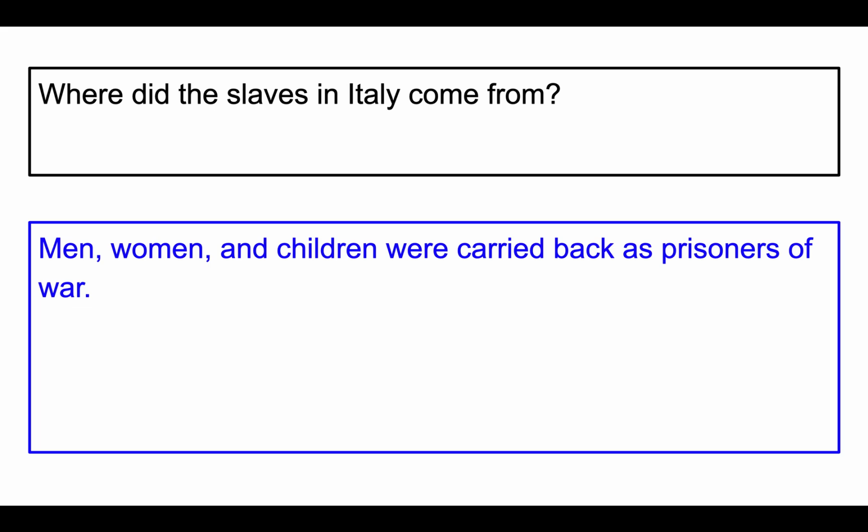So if a slave obtained freedom, either because the slave's master set him or her free, or they saved up money and bought their freedom, for any reason, they were able to sort of melt back into the culture and change their social class a lot quicker because they weren't marked by anything external that indicated that they were slaves.